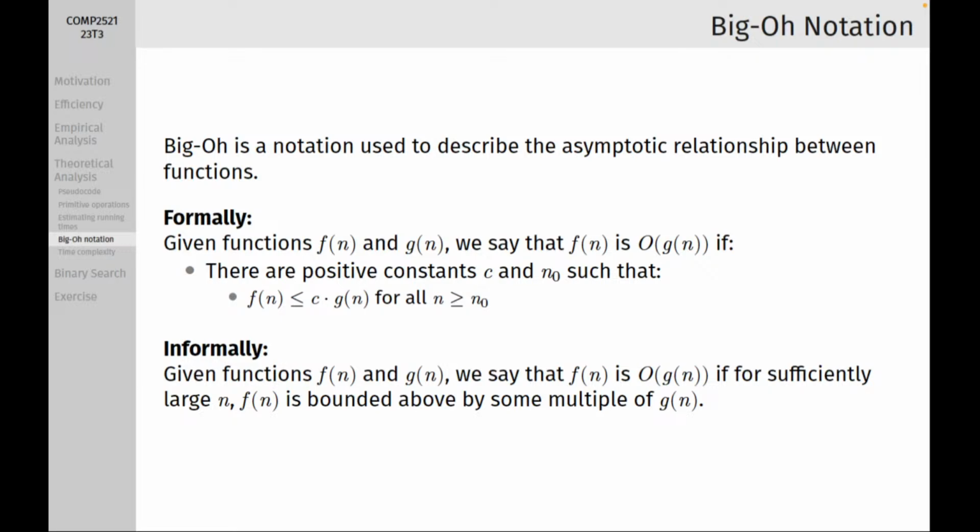So what I've written underneath is my informal interpretation. Given functions f(n) and g(n), we say that f(n) is big O of g(n) if for sufficiently large n, f(n) is bounded above by some multiple of g(n). I'm going to show you some diagrams to explain that.